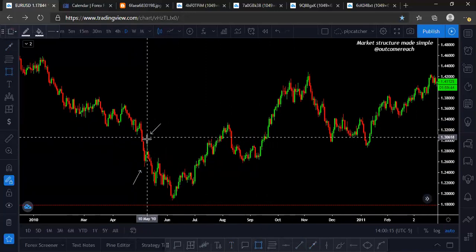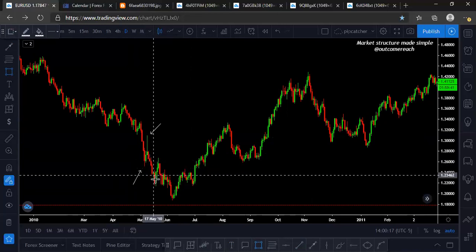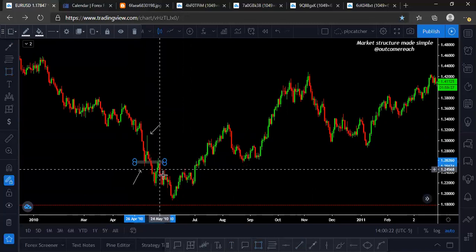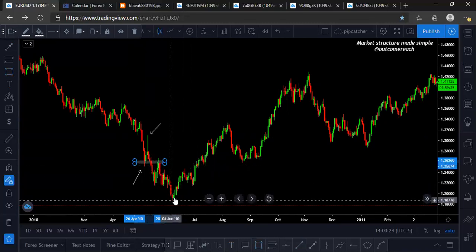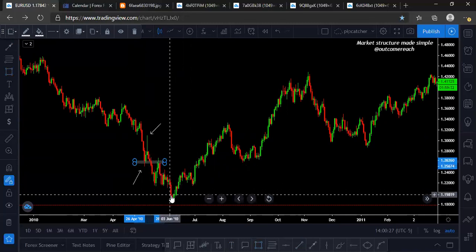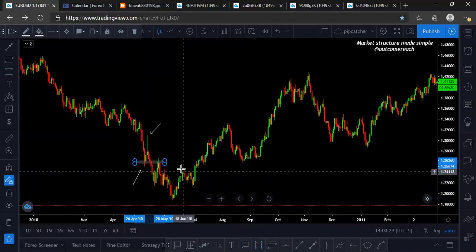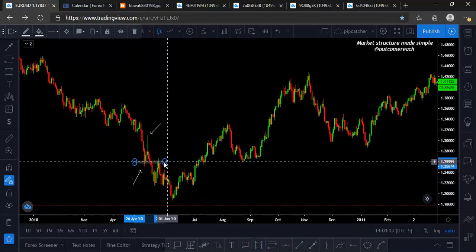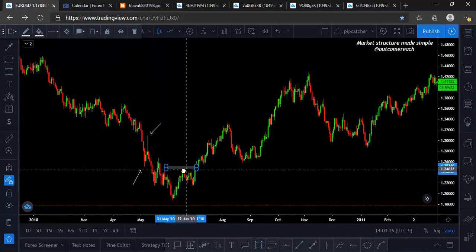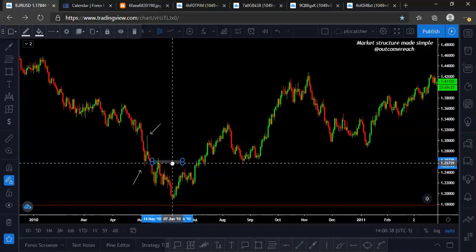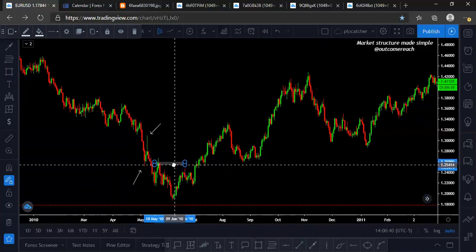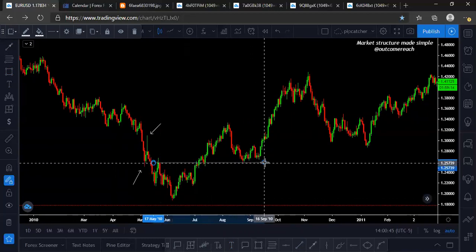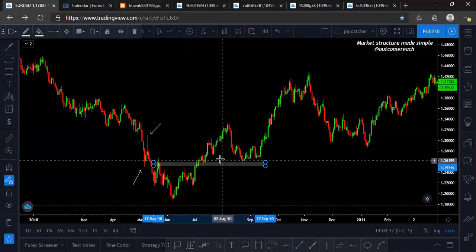So what happens is the market broke structure and then retested that same structure, creating a lower low. So then the market trades up and we don't get a new lower low. So what we would be looking at is this area or this high right here, this previous lower high, and extend that out where structure got broken.